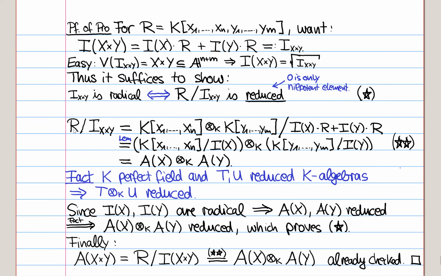And this was exactly this calculation here, which told us that this is the tensor product of these rings. And in particular, this map from this tensor product here is well defined and an isomorphism. Okay, so that was the end of the proof.